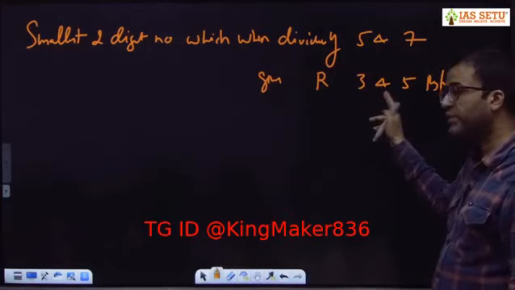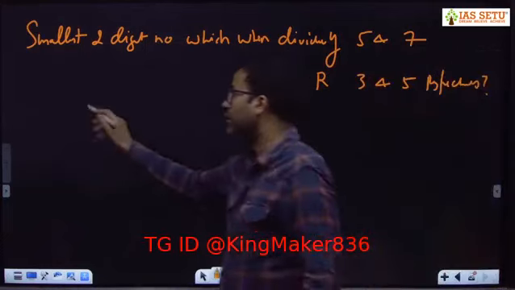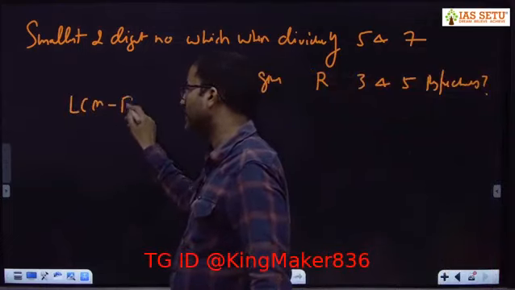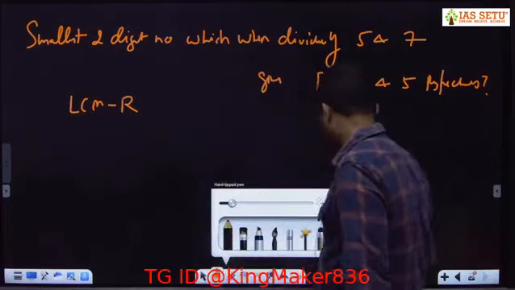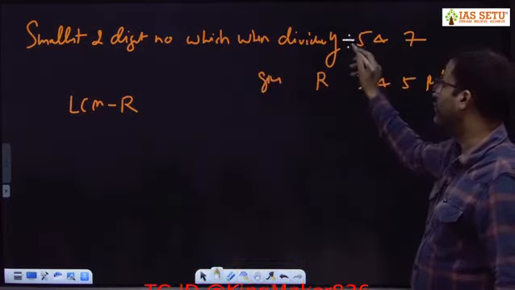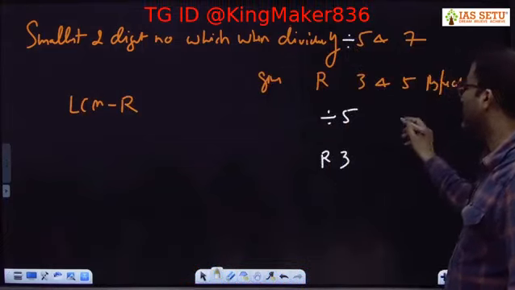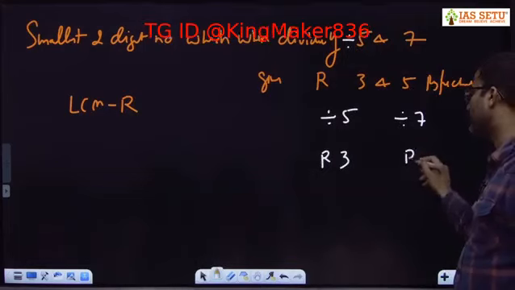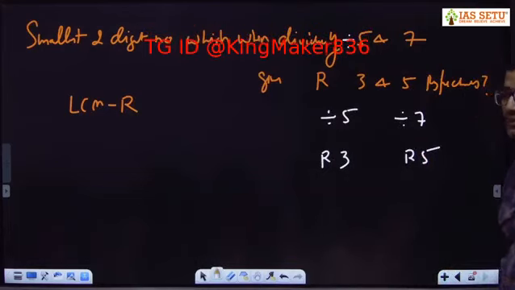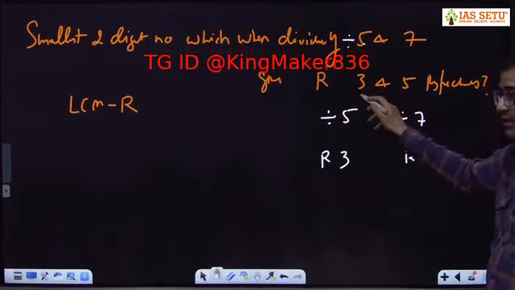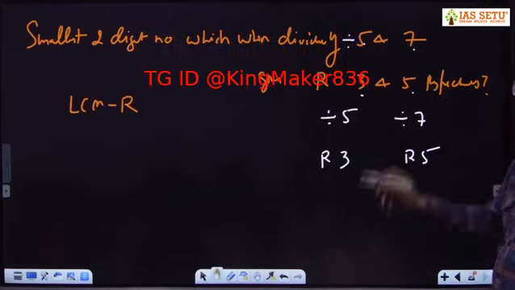When your positive remainders are different, try LCM minus R. कैसे? When you divide by 5, your remainder 3. When the same number is divided by 7, your remainder 5. Respectively का मतलब ये होता है कि इस केस में remainder 3 आएगा, सेकेंड केस में remainder 5 आएगा.